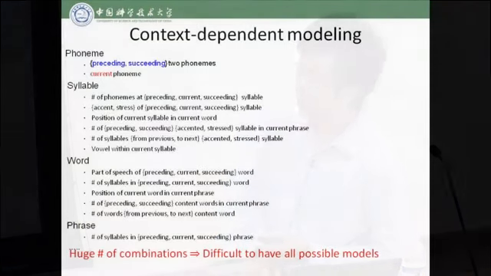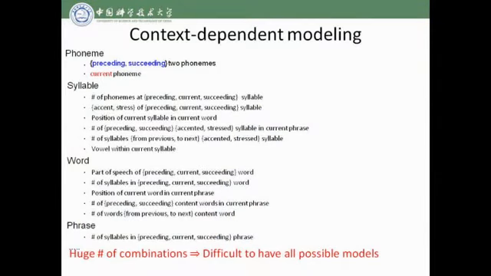So actually, in HMM-based synthesis, we need to take into account a very large amount of context information. They can be at different levels. At phoneme level, we need to consider the current phoneme and the neighboring phonemes. At syllable level, we need to consider the position of the phoneme in a syllable or something like that. At word level, maybe we need to consider the part of speech or some other context information.